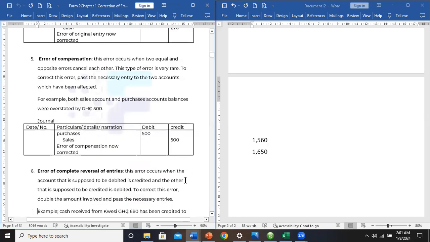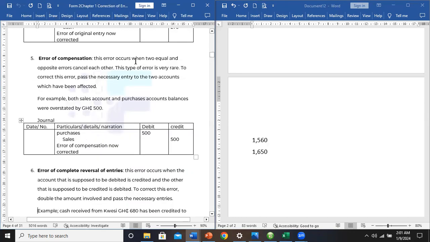Compensation. We say this error occurs when two equal and opposite errors cancel each other. This type of error is very rare though, but to correct it, pass the necessary entries to the two accounts which have been affected. So for example, both sales account and purchase account balances were overstated by 500.